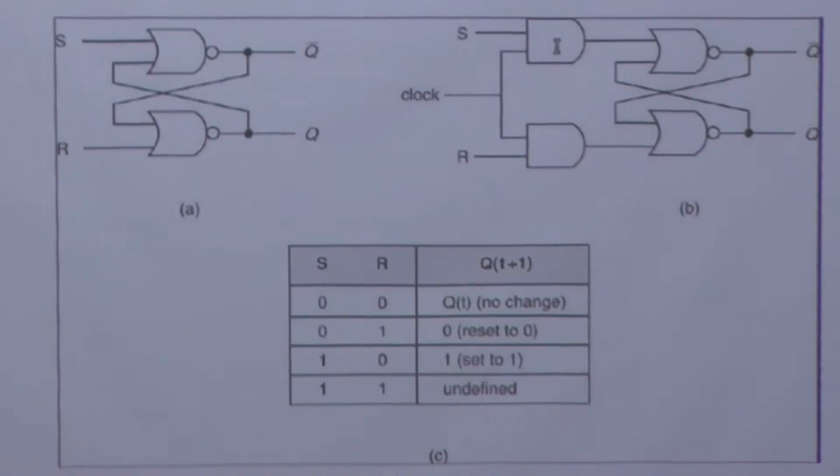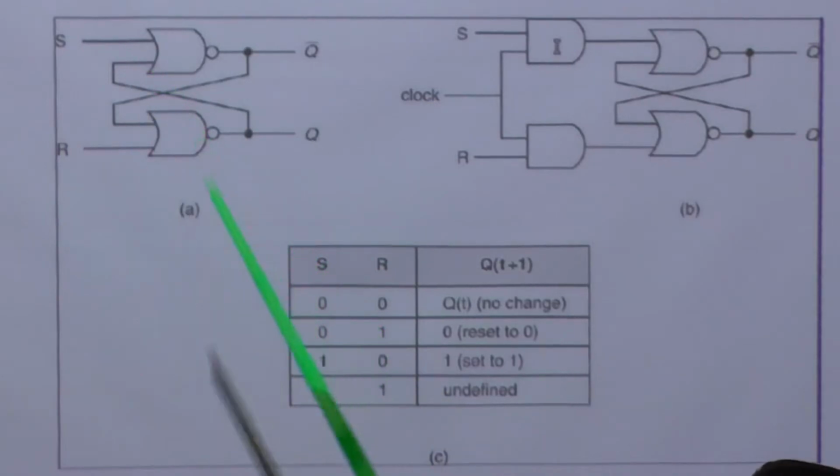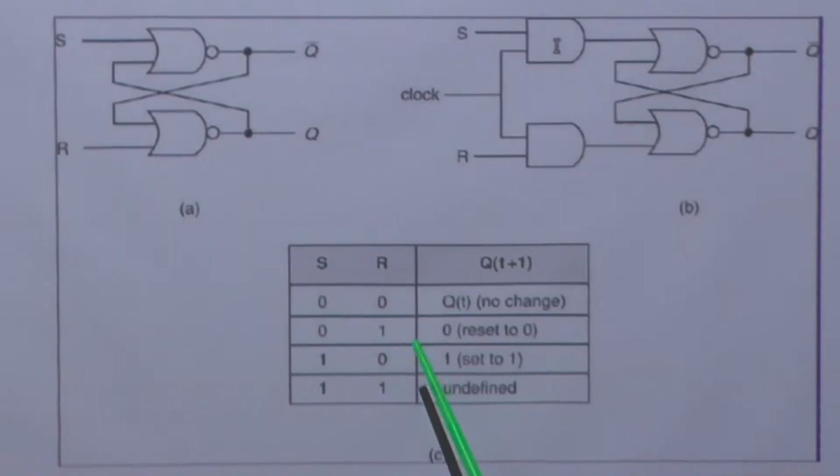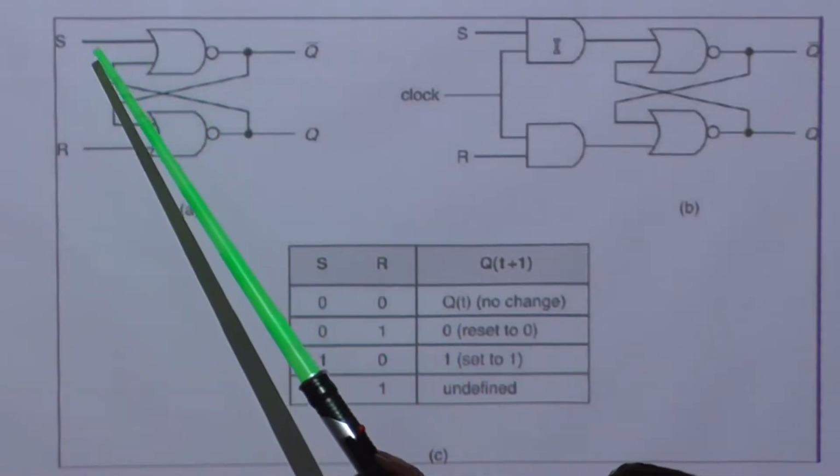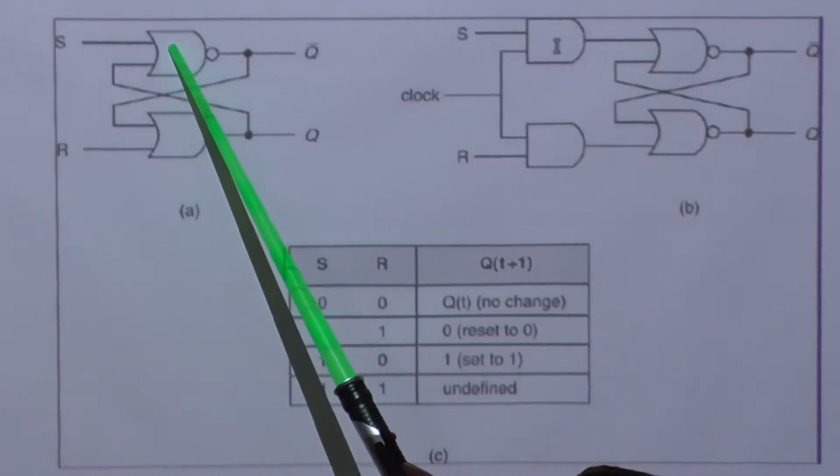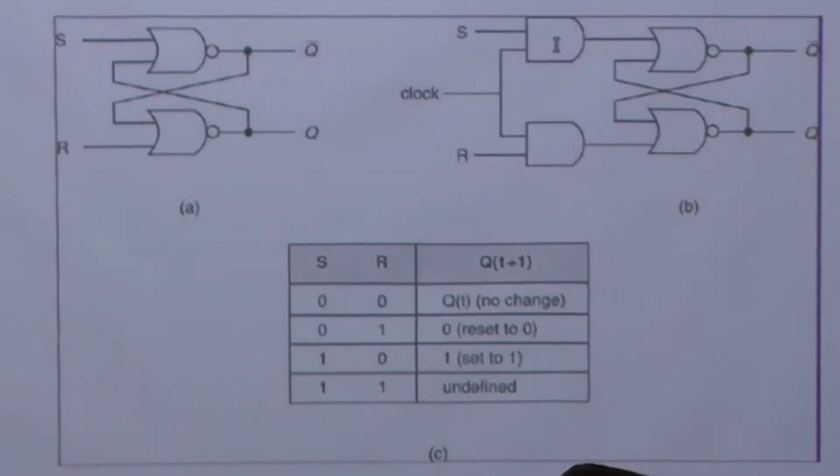Question? When it says that 1, 1 is undefined, does that mean that it will output any of the other 3, so either do nothing, reset, or set it to 1? Well, let's see. It depends, maybe on the previous state. So we got a 1 and a 1, so both of these are 1, so both of the outputs are 0.